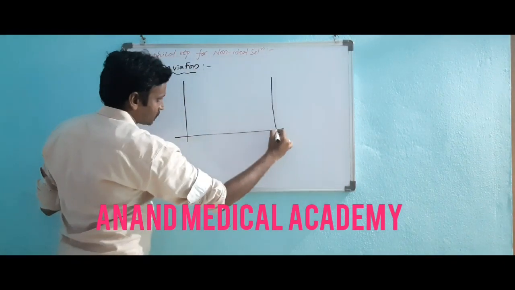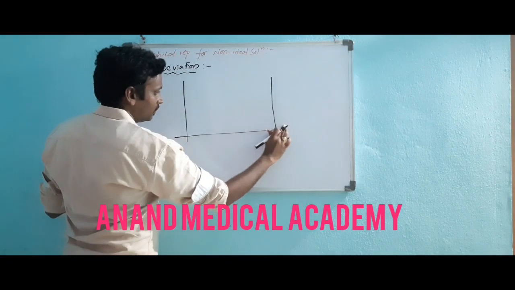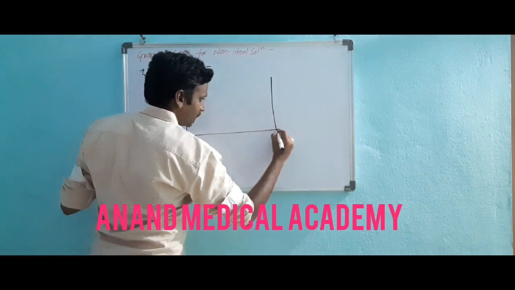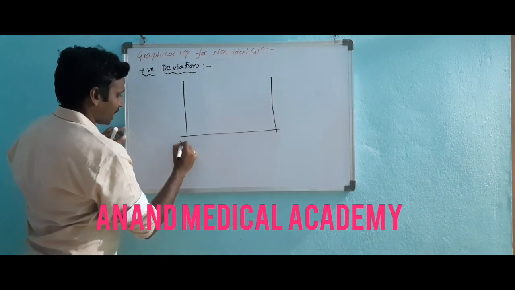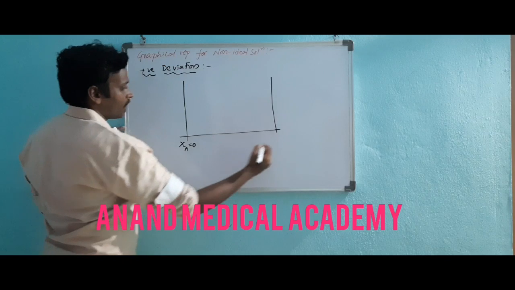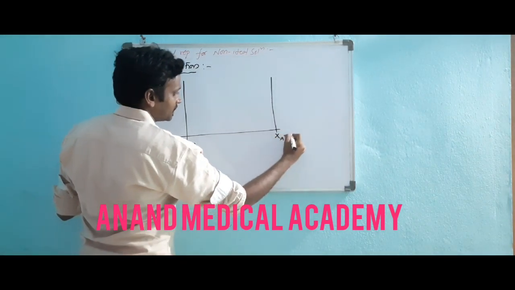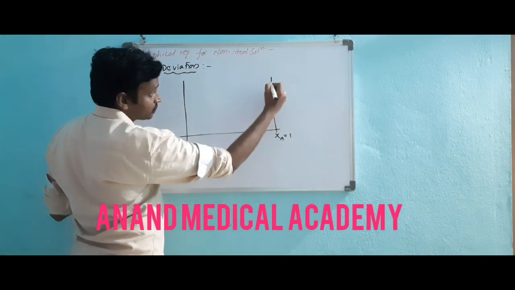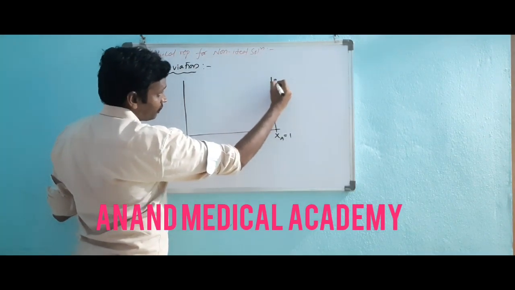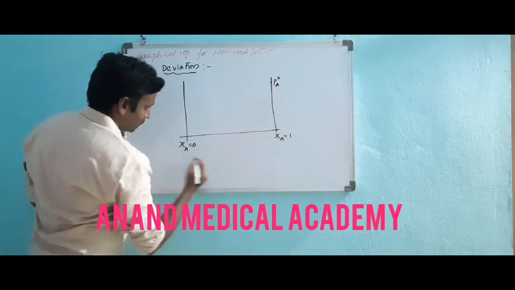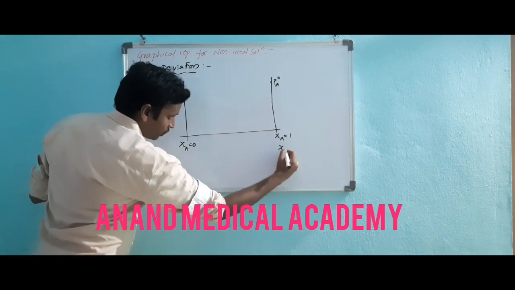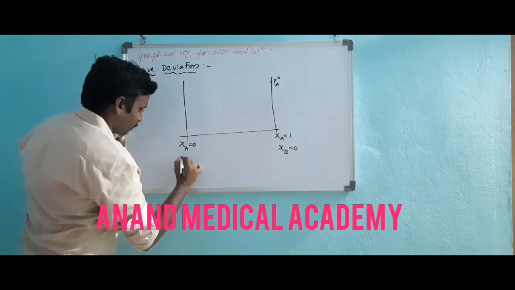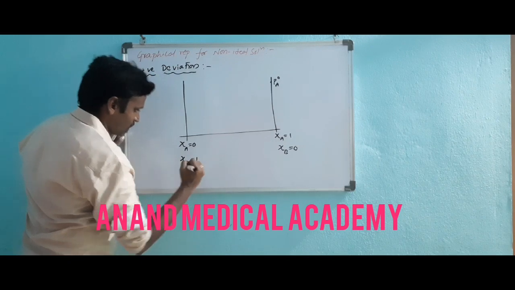On this side the mole fraction of A is 0, and here the mole fraction of A is 1, and here you have PA naught. In reverse manner, here the mole fraction of B is 0, because the total is always 1, and here the mole fraction of B is 1.